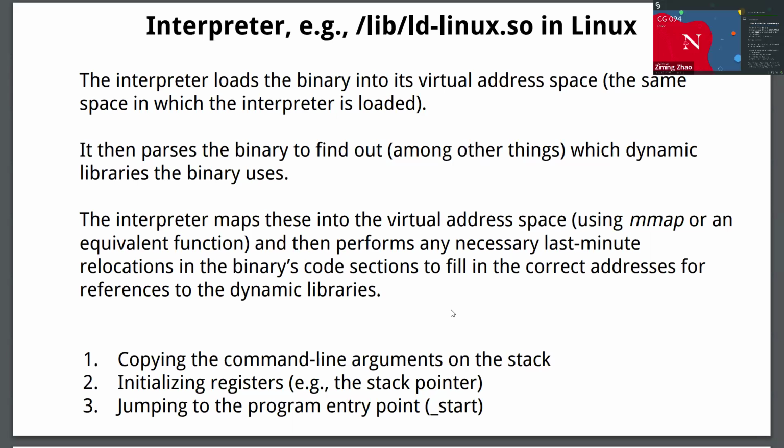This will be related to our hacking several weeks later. Initialize registers, the stack pointer, and other registers. After those initializations, it will jump to the entry point of the program. Usually for C programs, the entry point is _start. This entry point is earlier than the C library entry point.